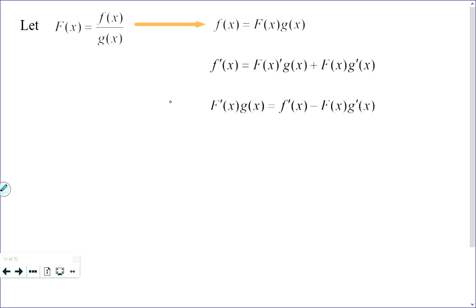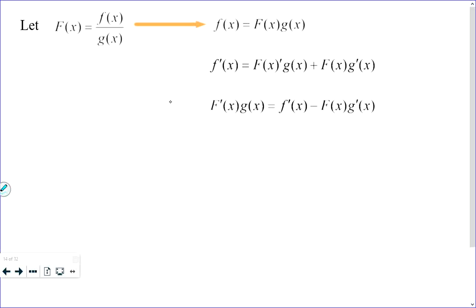So the left-hand side is f of x at the top of the screen. Doesn't matter. I've got two lines there. Ignore the third line. I'm differentiating the left-hand side, which is f of x, and the derivative of lowercase f of x is f prime of x. And then I'm differentiating capital F of x times g of x, which I have to use the product rule to do.